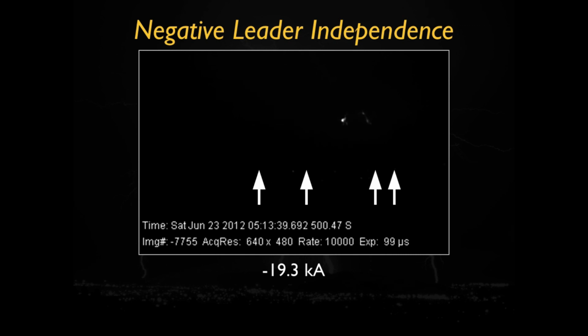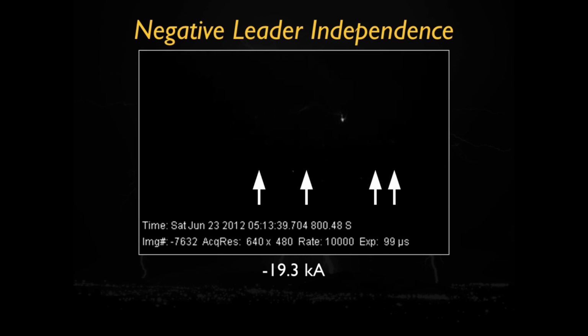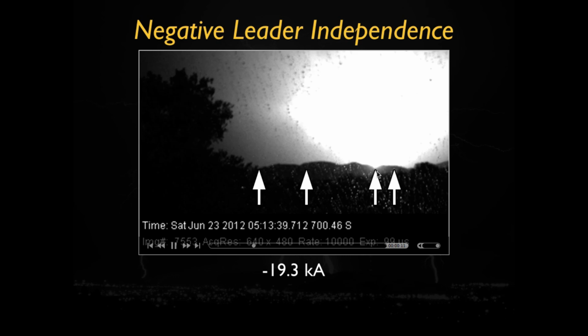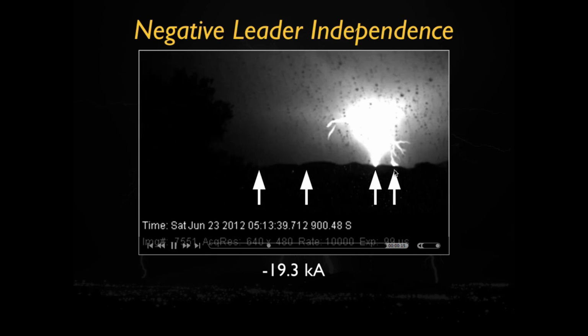So we'll take a look at that. We can see all the branching taking place originally that dim. We get the first return stroke here, and then that's followed shortly in time by this second one.